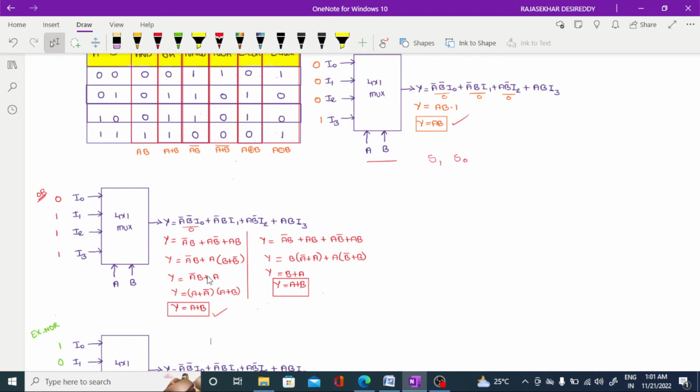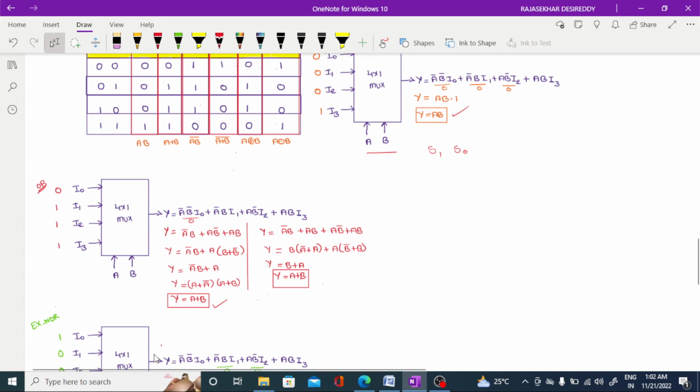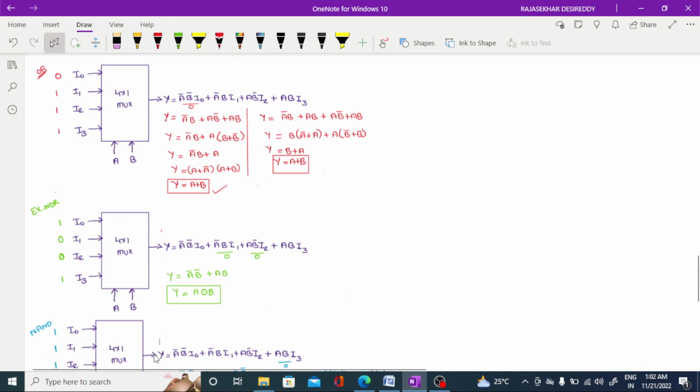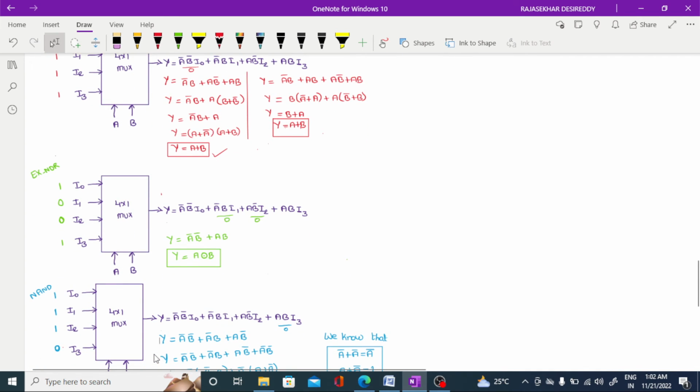Next, the XNOR gate. Here the XNOR gate truth table is 1 0 0 1, right? For the 4 by 1 mux XNOR gate, 1 0 0 1, substitute here in our formula, then you will get it.